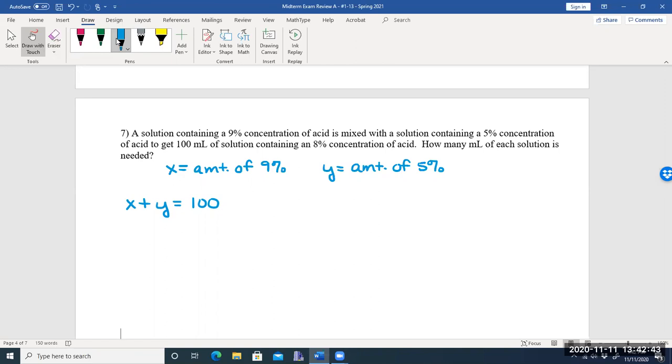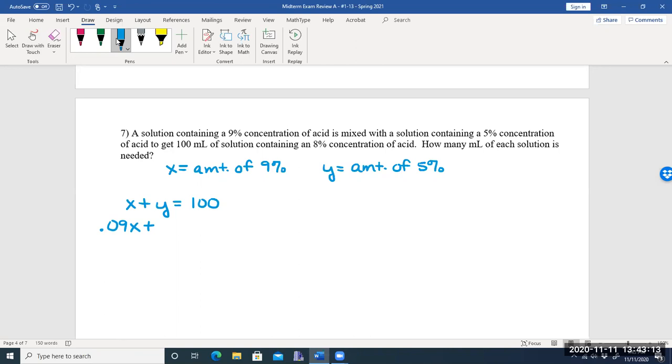The second equation is going to make the concentrations work out. So if you take 9% as a decimal and you multiply times the amount of liquid that you're going to pour from that bottle, this will tell you how much of the liquid that you're pouring from the first bottle is the active ingredient, which I guess is acid, it says in this problem.